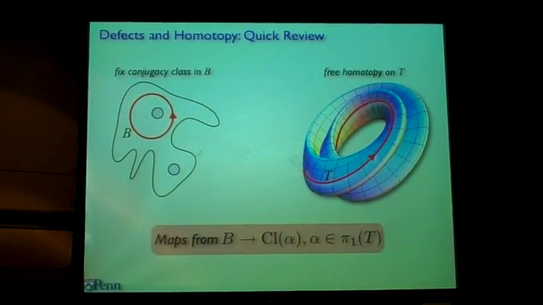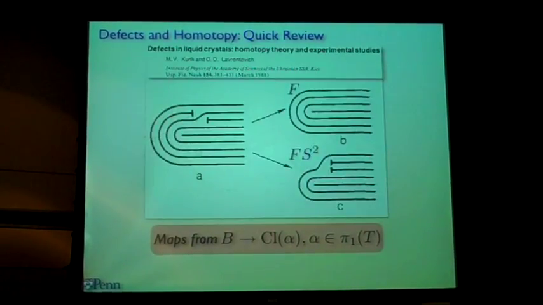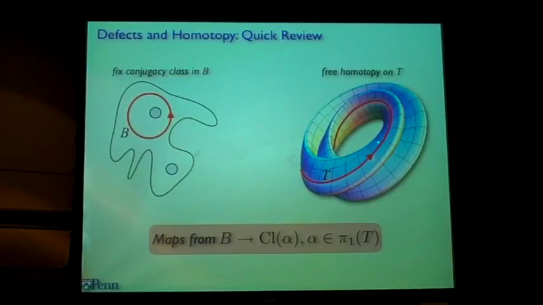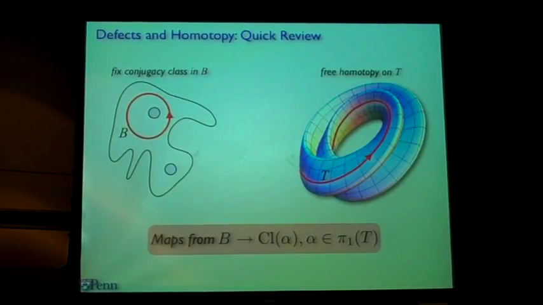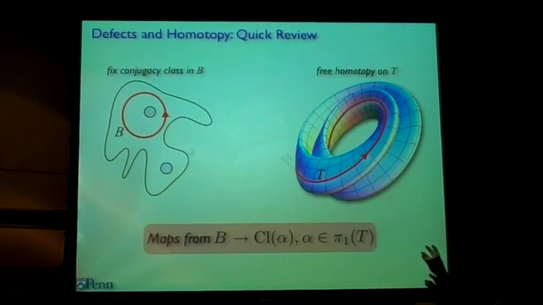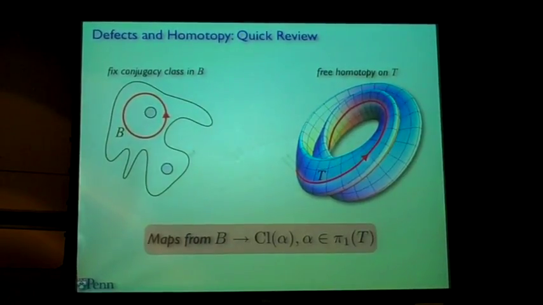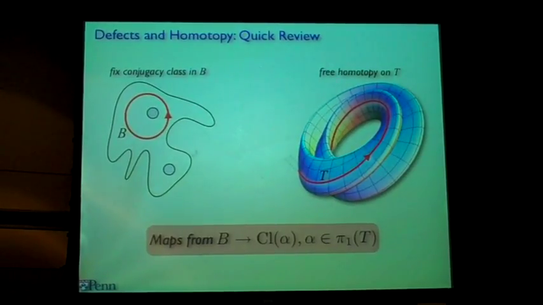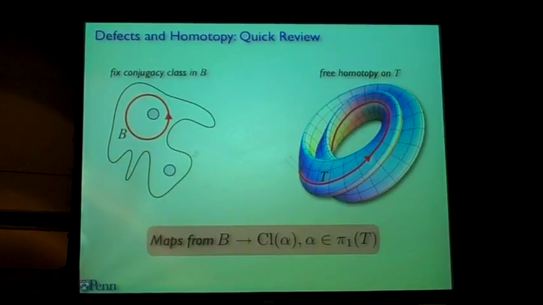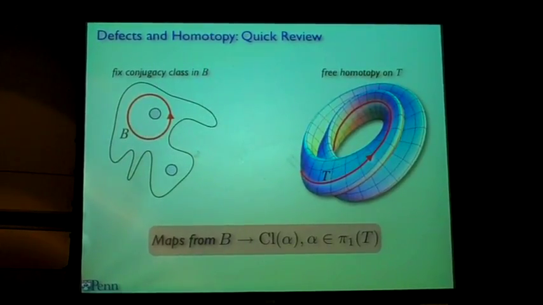Of course, I'm allowed to take this defect here, and I'm allowed to slide it around willy-nilly on here. What that would correspond to in the pictures is just rotating my coordinate system, doing one of these smooth deformations. So I don't actually care about the fundamental group, I actually care about only conjugacy classes in the fundamental group.